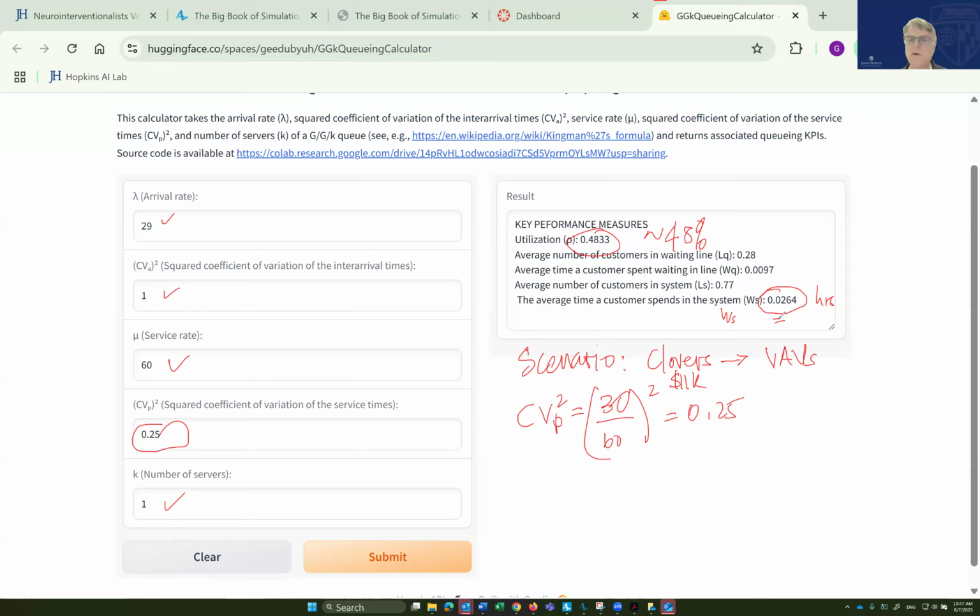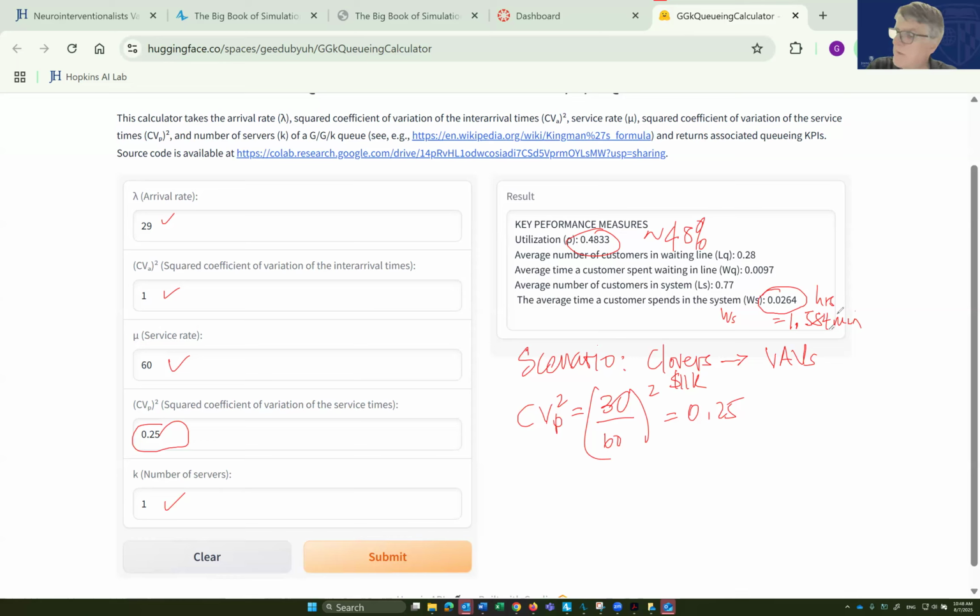All right, so previously we had 1.482 minutes average waiting time from the time you place the order to the time you receive the order. Now you're looking at 1.584 minutes.